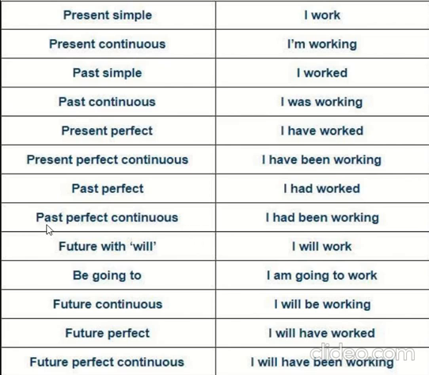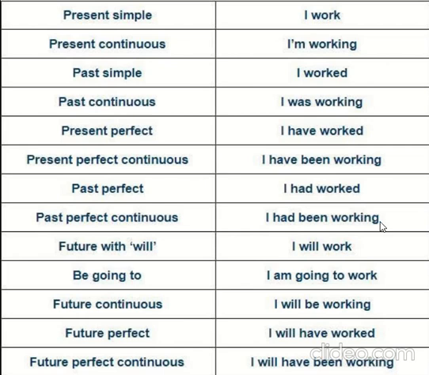Then where are we? Past perfect continuous. I had been working. Now, this shows that there are still two events in the past, but one is continuing for a certain period of time.